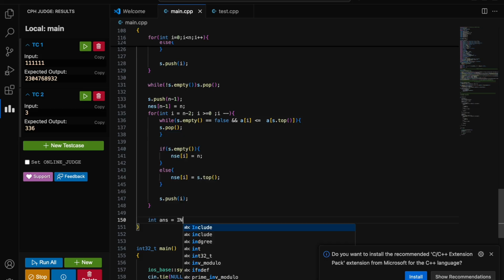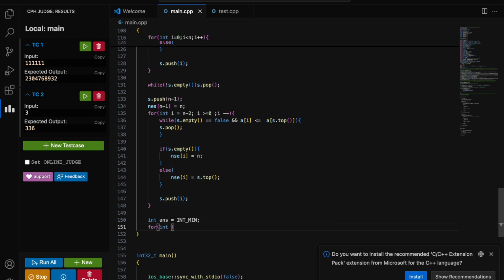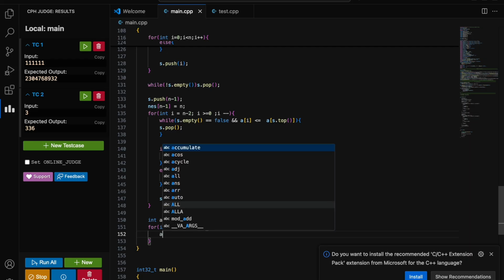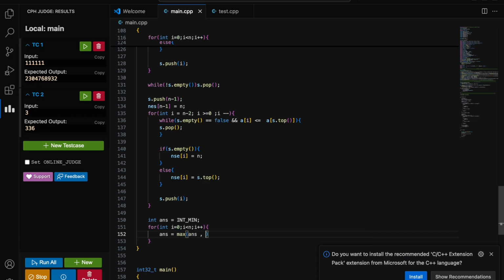We define our answer as INT_MIN, for int i equal to 0, i less than n, i plus plus, our answer would be max of answer and a of i times, our width, NSE of i minus PSE of i minus 1, and cout answer.